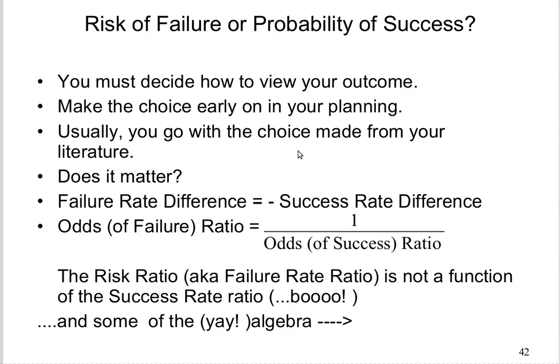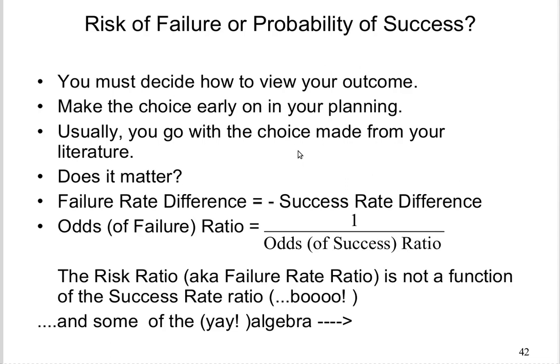Now, first of all, we can note that the risk difference is merely the negative of the success rate difference, and that the odds of failure ratio is simply the reciprocal of the odds of the success ratio.